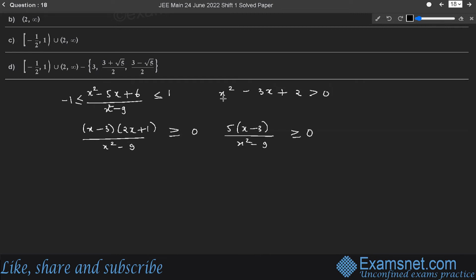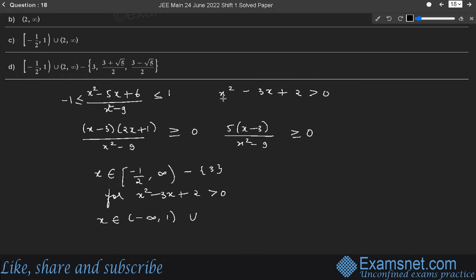So, the solution of this inequality will be x belongs to (minus 1 by 2, infinity) minus {3}. For x square minus 3x plus 2 greater than 0 and not equal to 1, x belongs to (minus infinity, 1) union (2, infinity) minus {(3 minus root 5) by 2 and (3 plus root 5) by 2}.